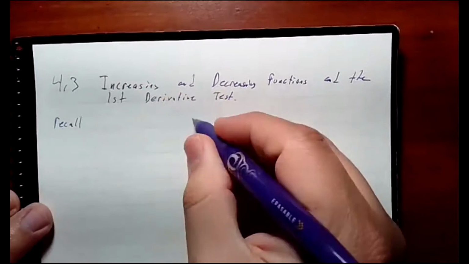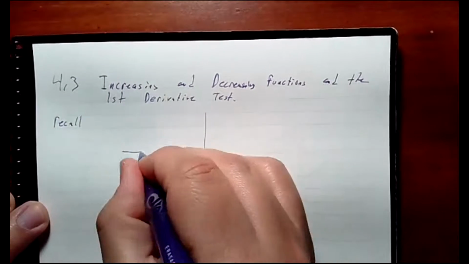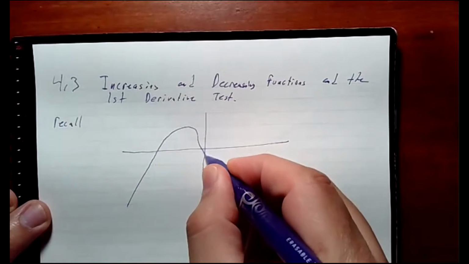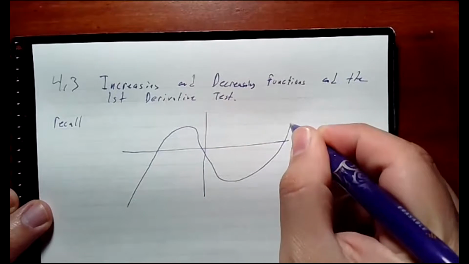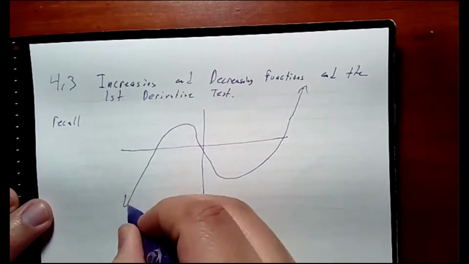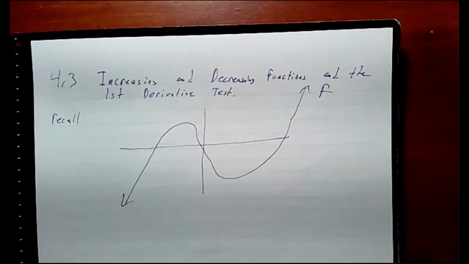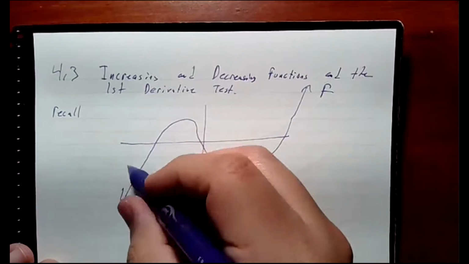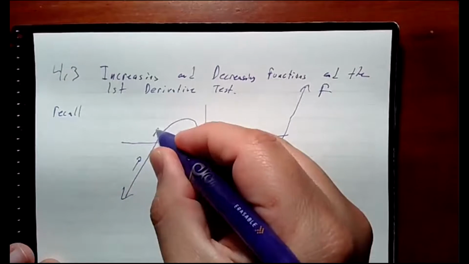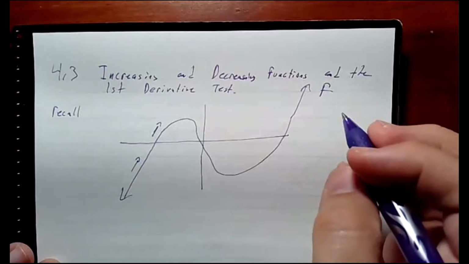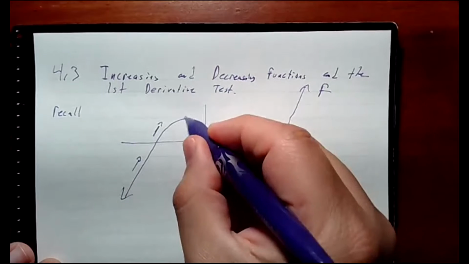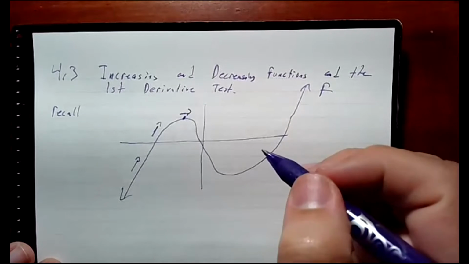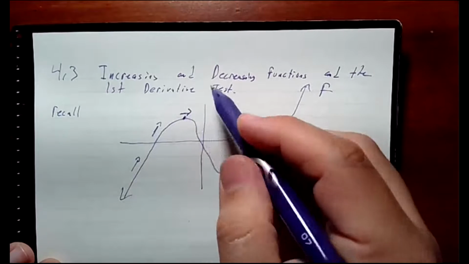So do you remember, right? If you have a function like this, all the derivative values over here are increasing, right? Then up here, it would be 0 because the tangent would be horizontal.